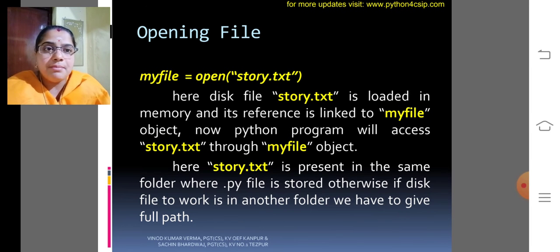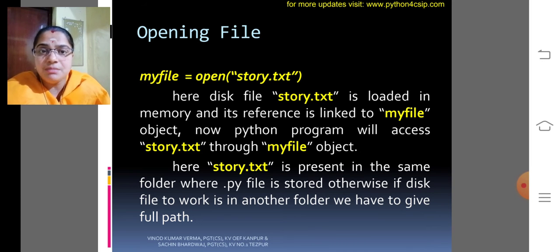This is the example. Here story.txt. Story is the file name. txt is the extension, that is text file. If it is already present in the same folder where the .py file is stored, then we can use the syntax like story.txt.